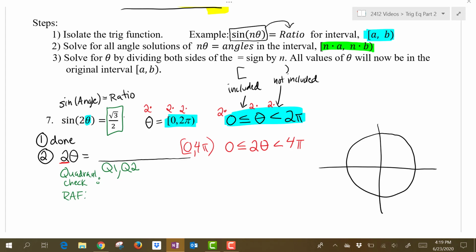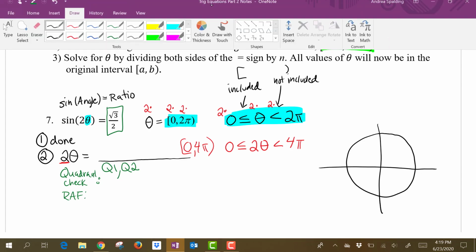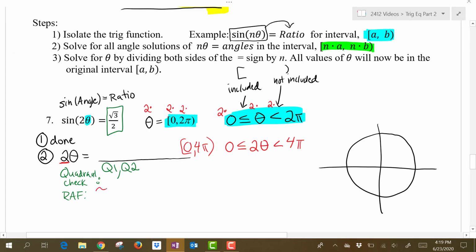You want to know your unit circle well enough to know that that represents the pi over 3 reference angle family. So here we have pi over 3 from quadrant 1. Okay, what about quadrant 2? Is that our 2 pi over 3? So we have pi over 3 from quadrant 1 and then 2 pi over 3 from quadrant 2.